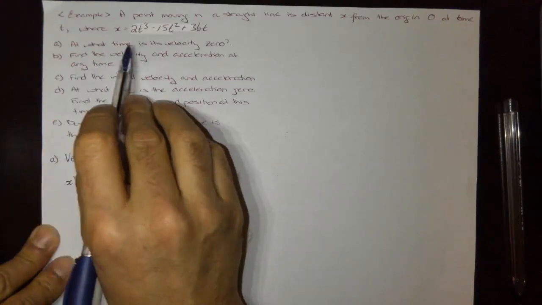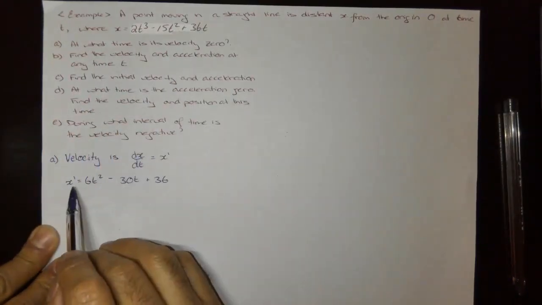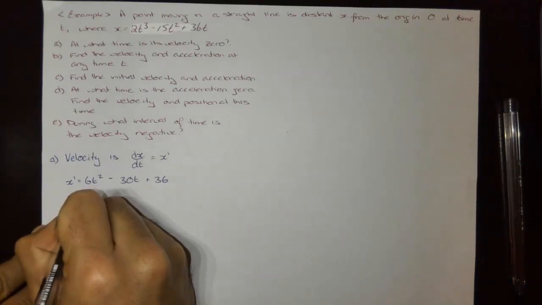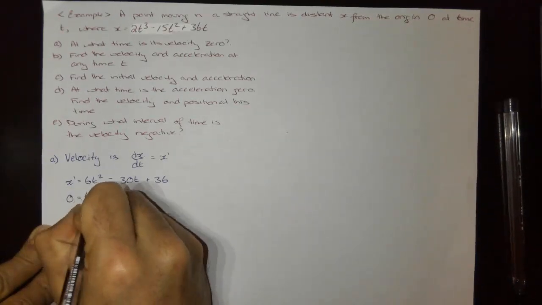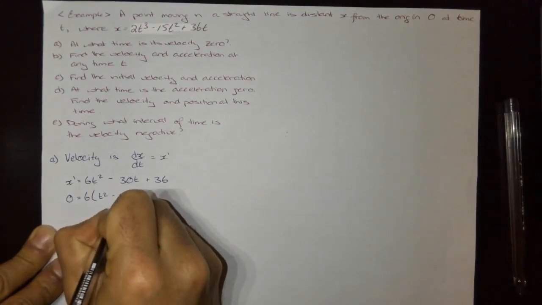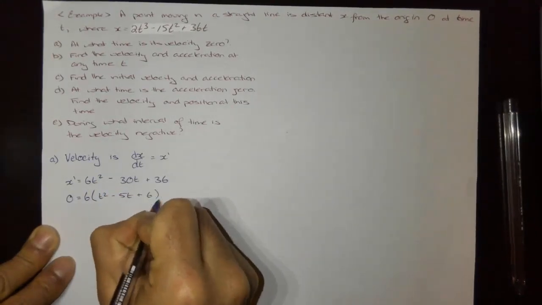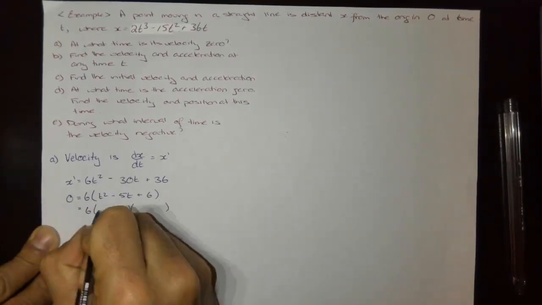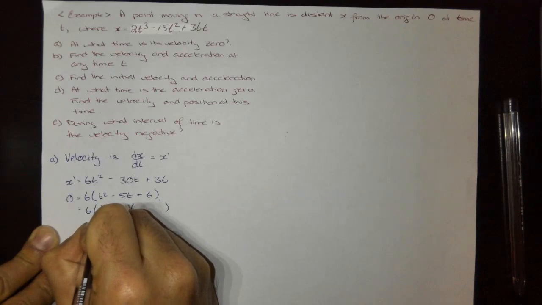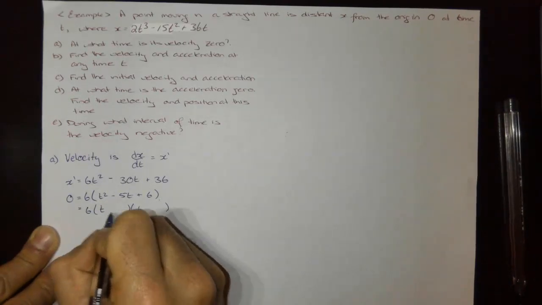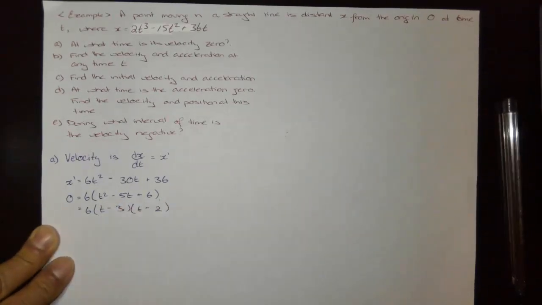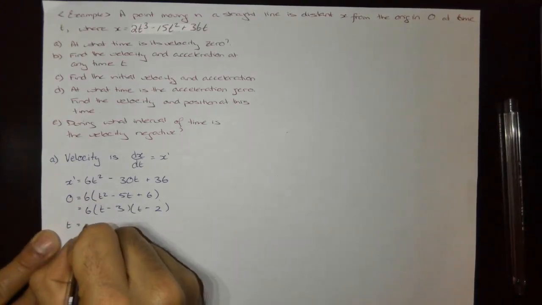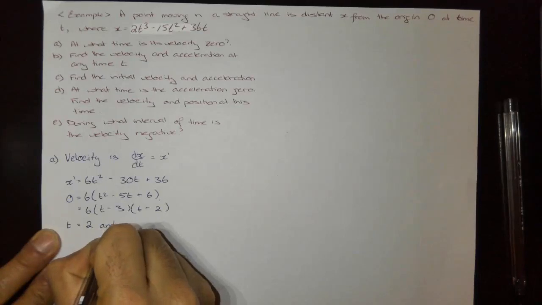At what time is the velocity 0? So when is that equal to 0? We can factor out 6 on both sides, and then we can refactor this. So that's t minus 3, t minus 2. So it happens at 2 and 3 seconds.